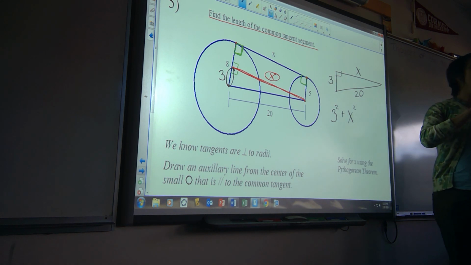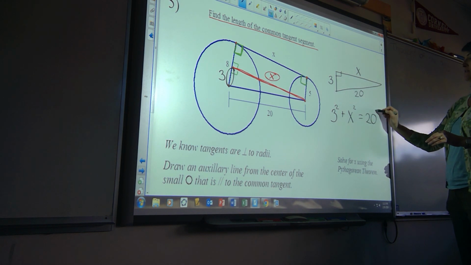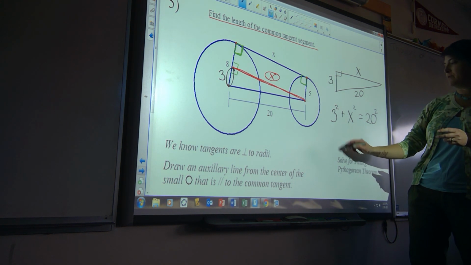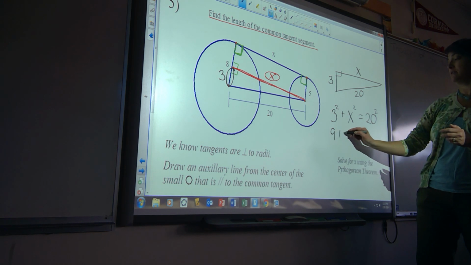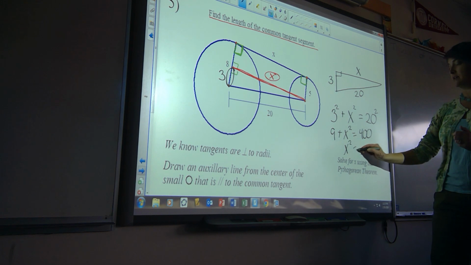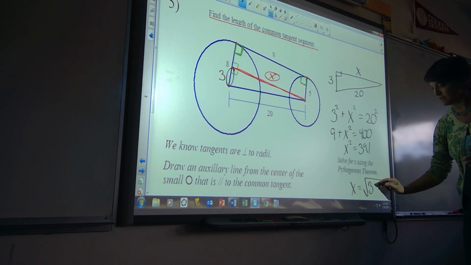So let's all give this a shot tonight. You're going to end up solving it with the Pythagorean theorem. I think you end up getting 9, and x squared is 400, so x squared is 391. So x is the square root of 391.